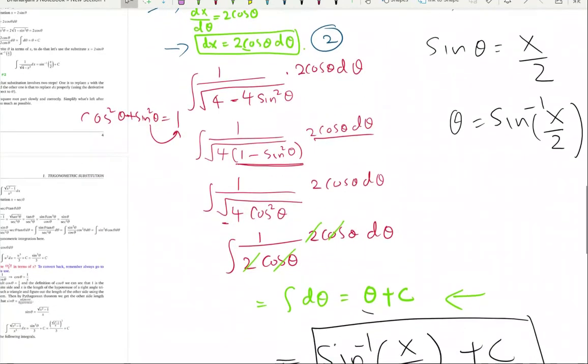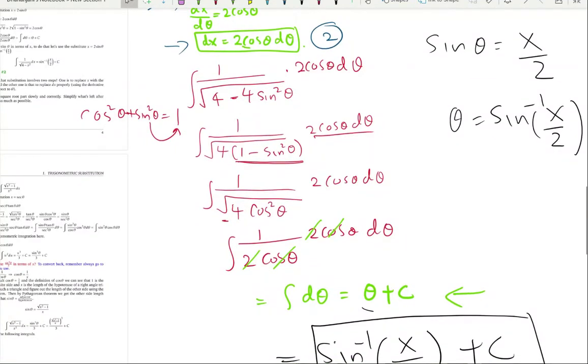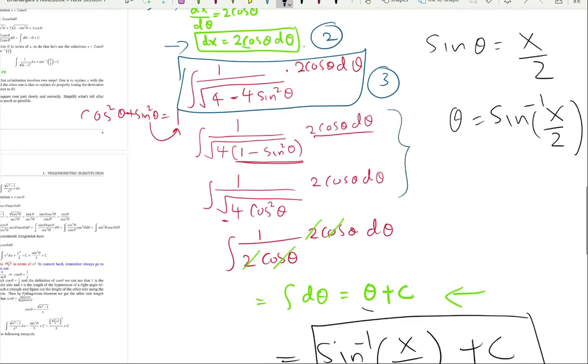The third step is to substitute everything. Replace dx, replace x by those theta terms and check your integral. Make sure in your integral you don't have x any longer. You only have theta. Make sure of that. All right, here I'm good. The next step is to simplify the square root.